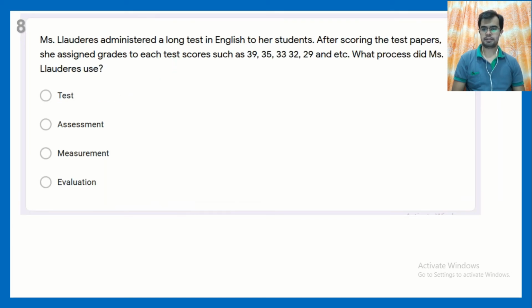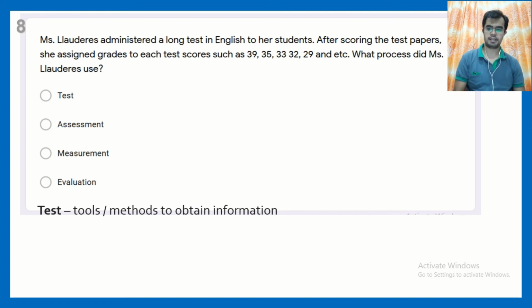Number 8, Miss Lauderes administered a long test in English to her students. After scoring the test papers, she assigned grades to each test scores, such as 39, 35, 33, 32, 29, and etc. What process did Miss Lauderes use? Now let us define our options.